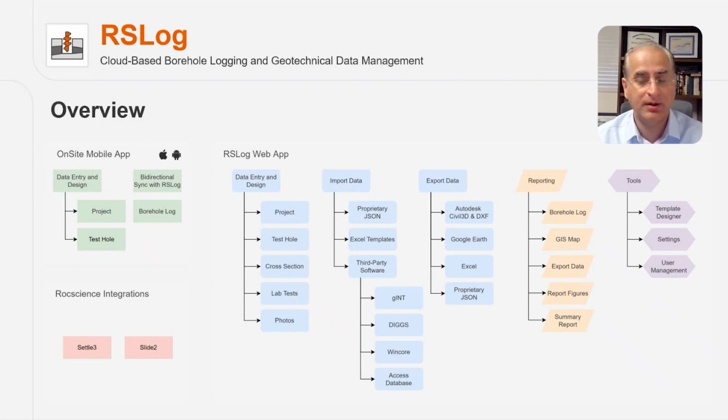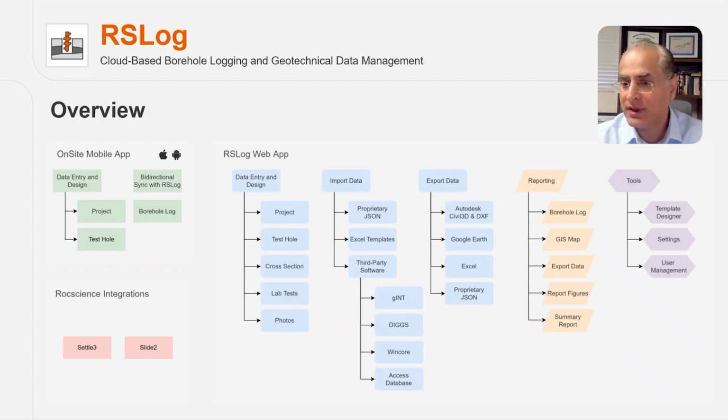Essentially, when you have a table, you can import data from CSV, and you can also export it to CSV, Excel, PDF, and so on. We also export to Civil 3D and DXF. So if you have your cross-section designed using RSLog, then you can easily export to Google Earth or DXF.